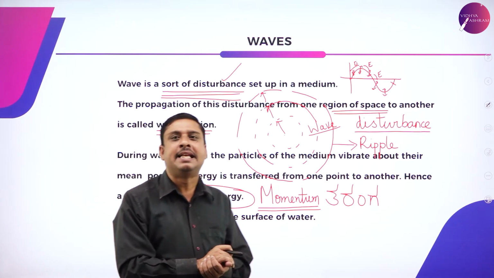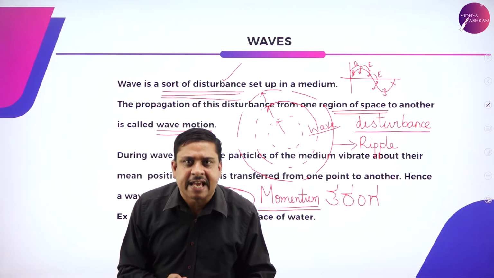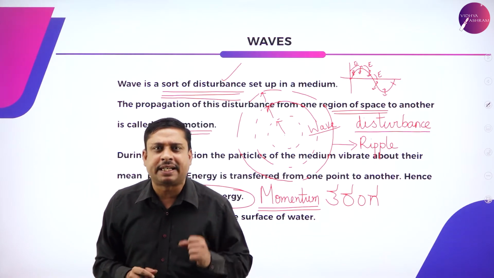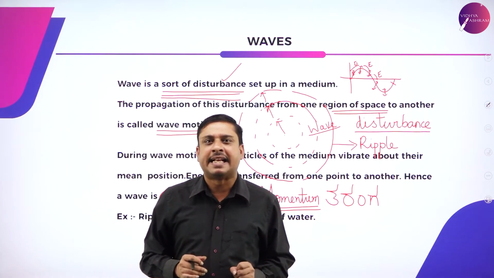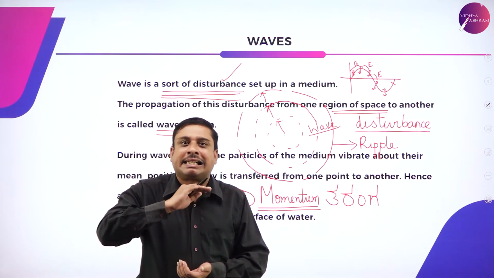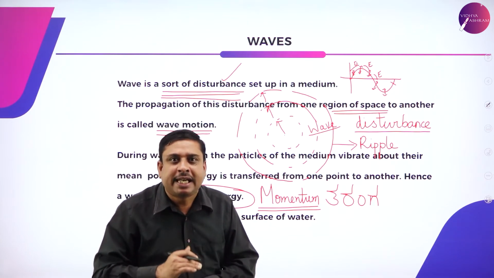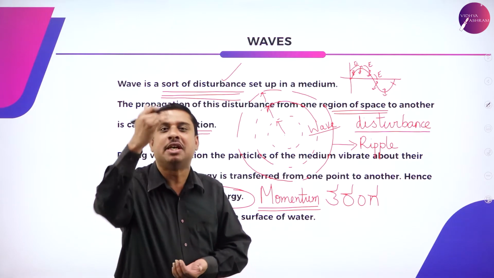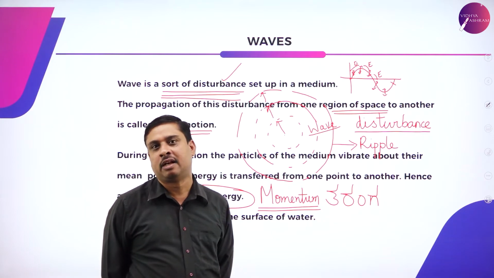So understand, dear students, when we talk about a wave, it is a type of disturbance that is generated in a medium. The propagation of this disturbance from one region to another is called wave motion.